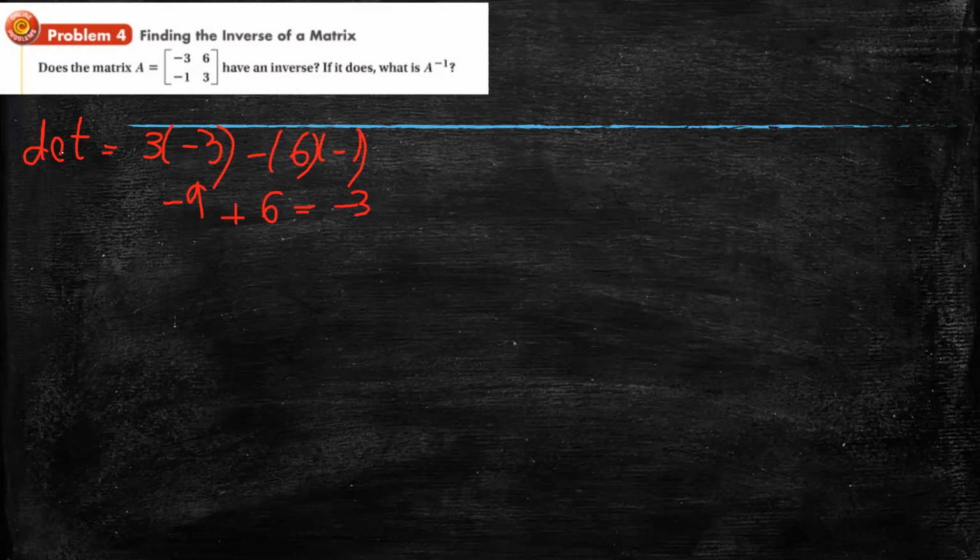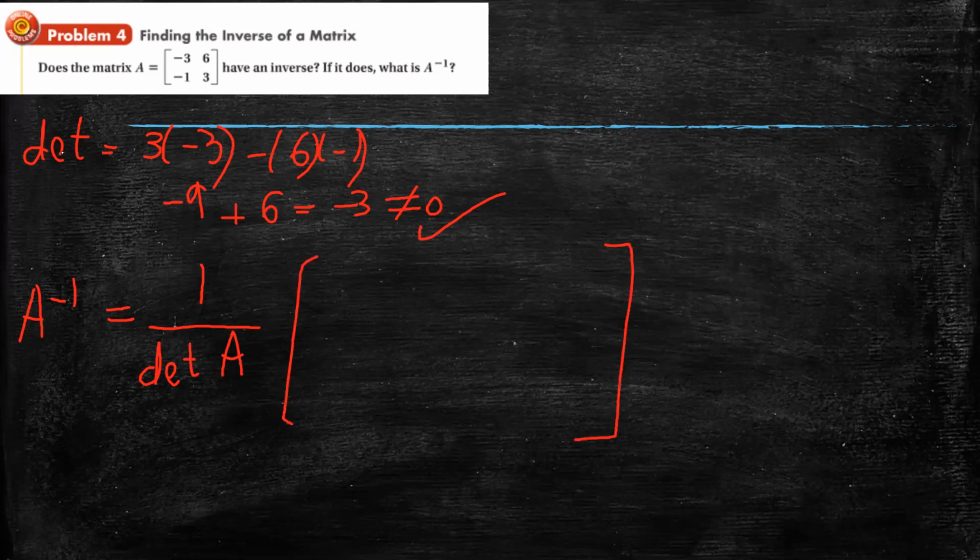Is negative 3 equal to 0? No. So, yes, you have an inverse. Then, to find the inverse matrix, you have to say 1 over the determinant of A times. Let's see now, what is this matrix?